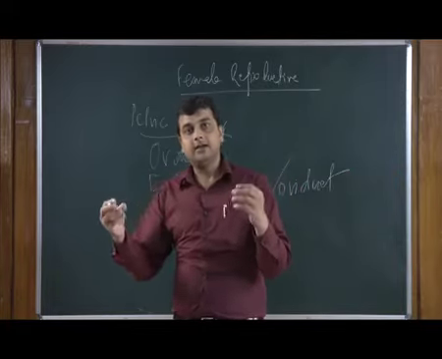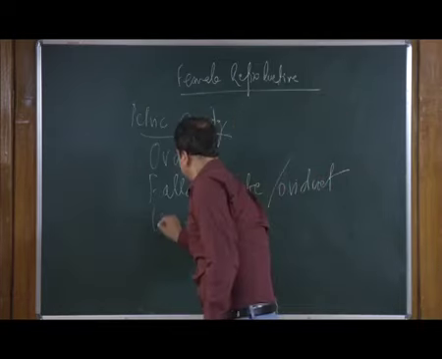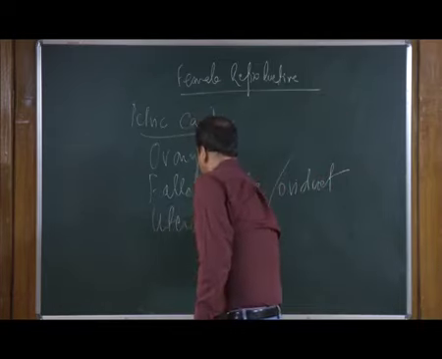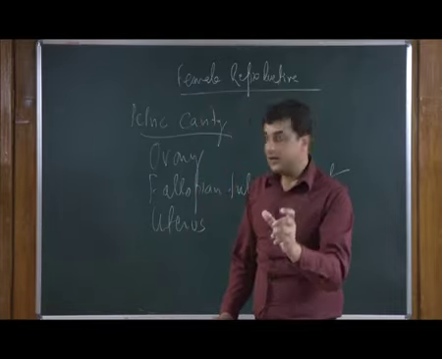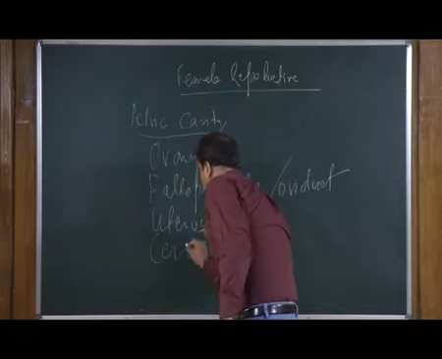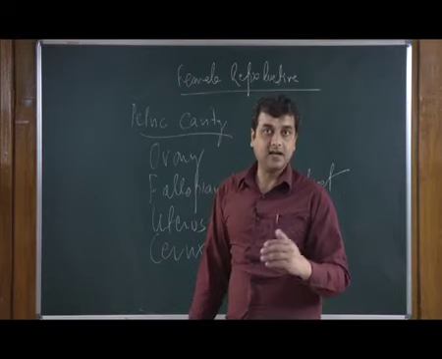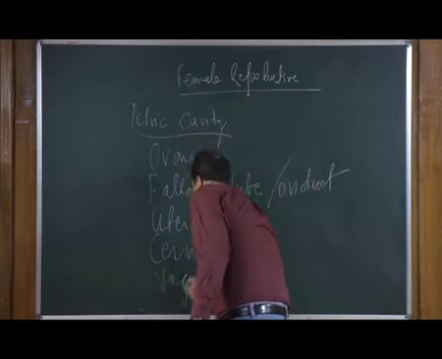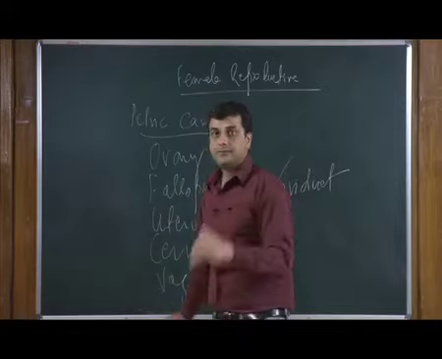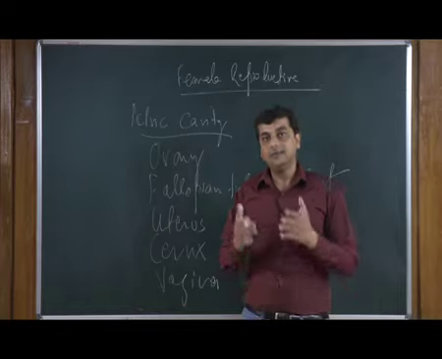This oviduct merges into an area called the uterus. Ultimately, the uterus is continued into an area called the cervix. Before the external genitalia, the cervix is continued into what we call the vagina, and finally it terminates into the external opening of the female reproductive system.